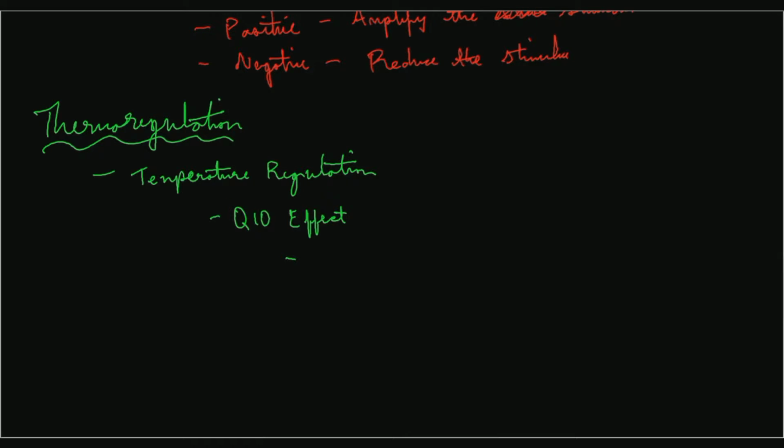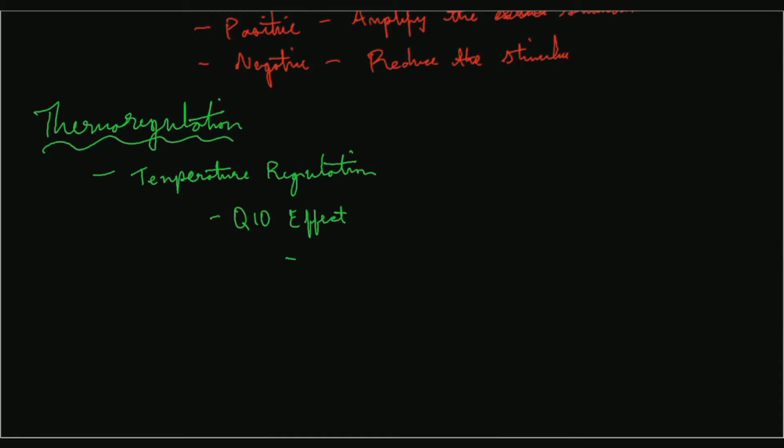Okay, so basically the Q10 effect is, if you remember from the enzyme video that I did, when the temperature is increased, the enzyme will speed up its production. The Q10 effect determines how much faster an enzyme will work with a 10 degree change.